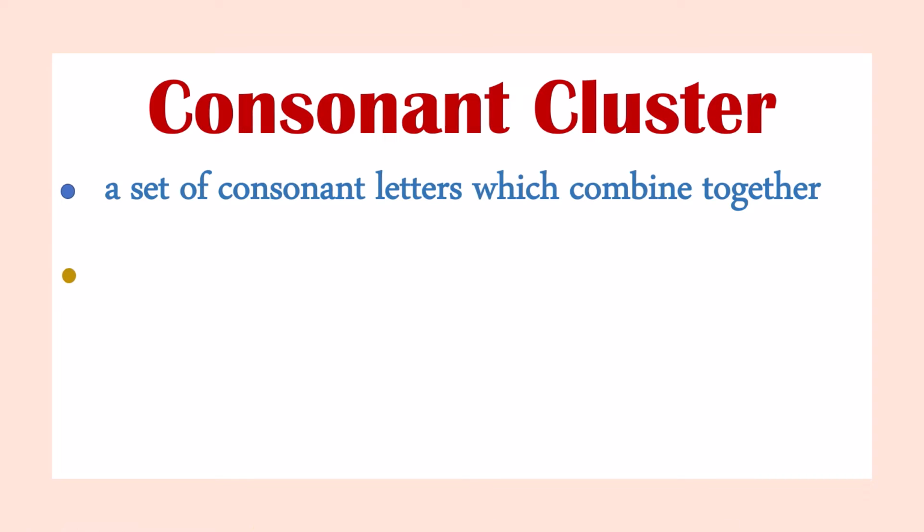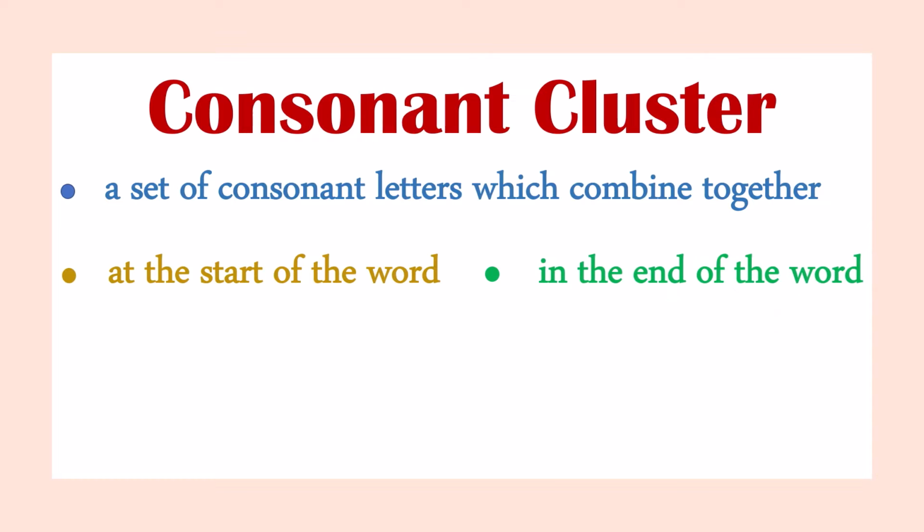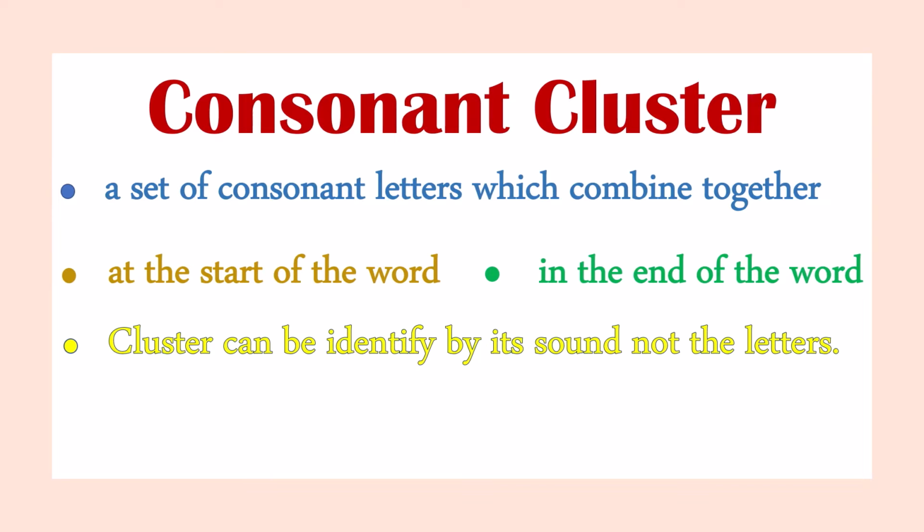Consonant clusters can be used at the start of a word or at the end of a word. Clusters can be identified by their sounds, not by their letters. For example, if you see the letters ST, you cannot identify them as a cluster.